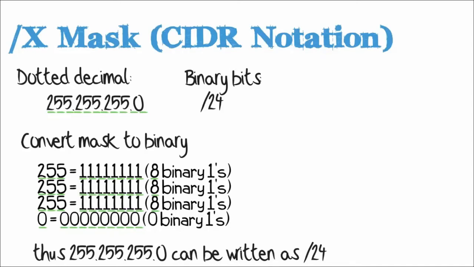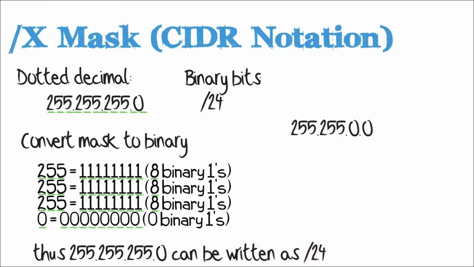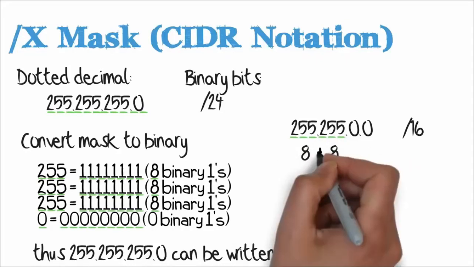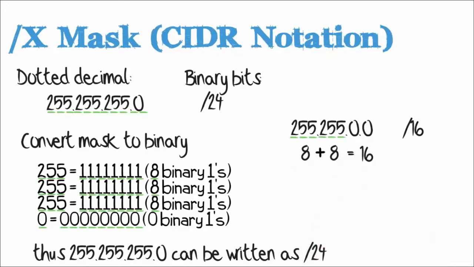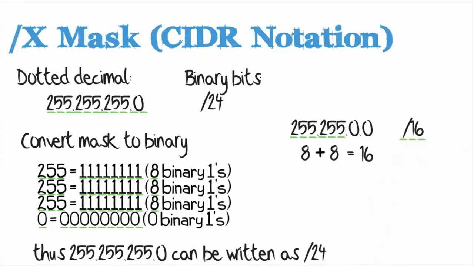As another example, 255.255.0.0 is equivalent to /16. And why is that? Because 255 is 8 binary ones and 255 is an additional 8 binary ones, so 8 plus 8 equals 16. Hence /16 in the mask. So the /mask notation is essentially counting the number of binary ones in the mask.